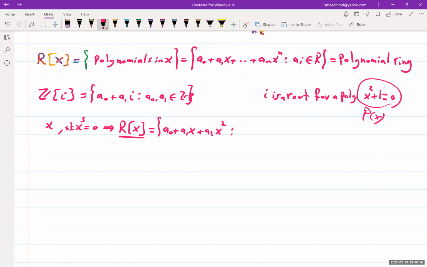So it's sufficient to write up to x to power 2, and the ai are in R.